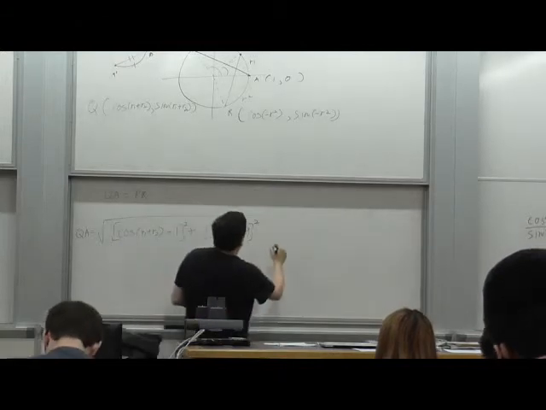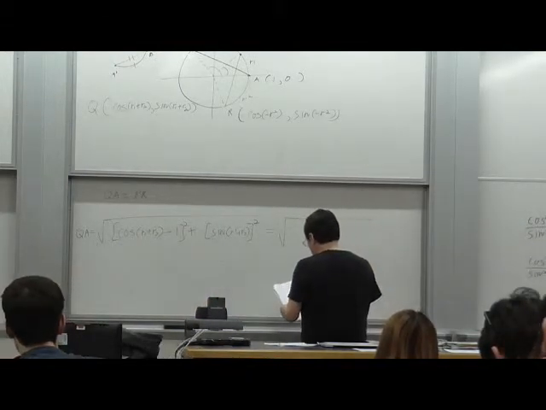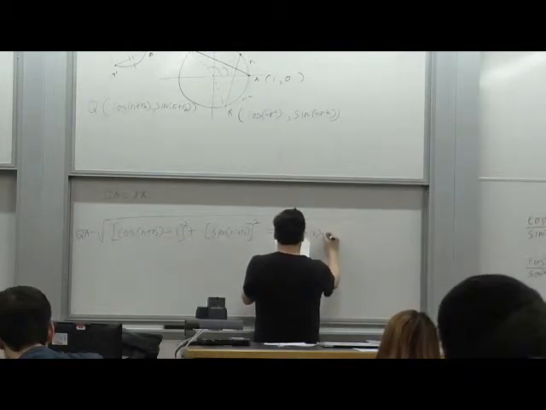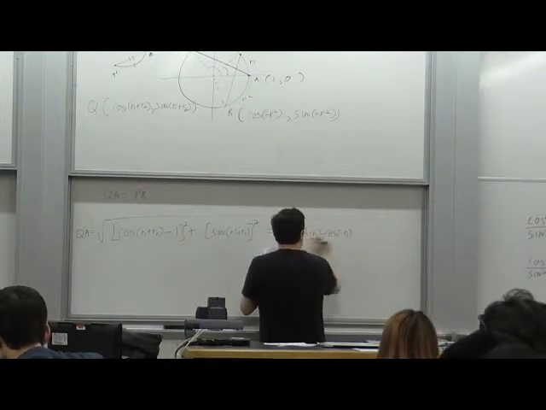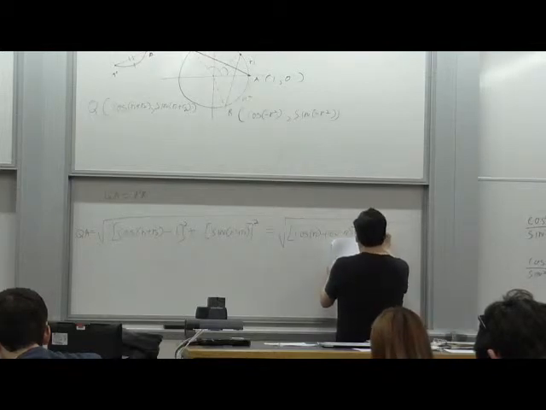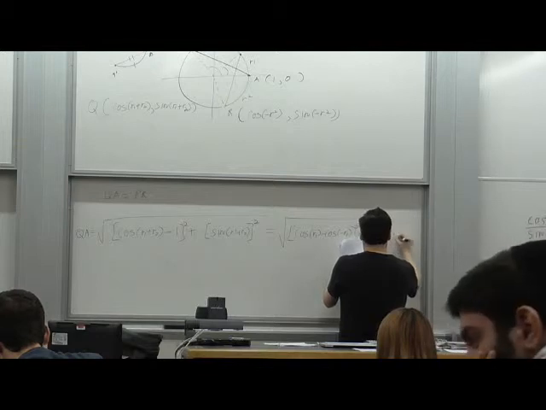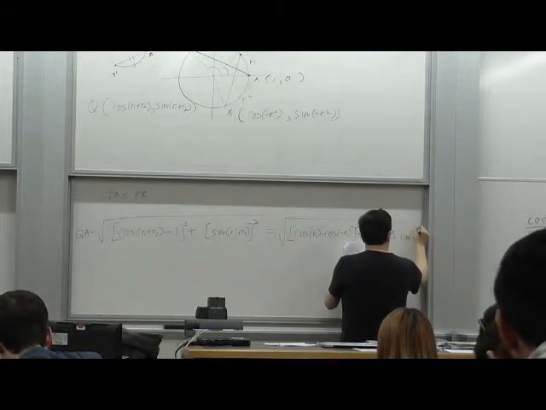I'm going to do the same thing with PR now. So I get cosine R1 minus cosine of negative R1, squared, plus sine R1 minus sine of negative R1. The whole thing is squared.